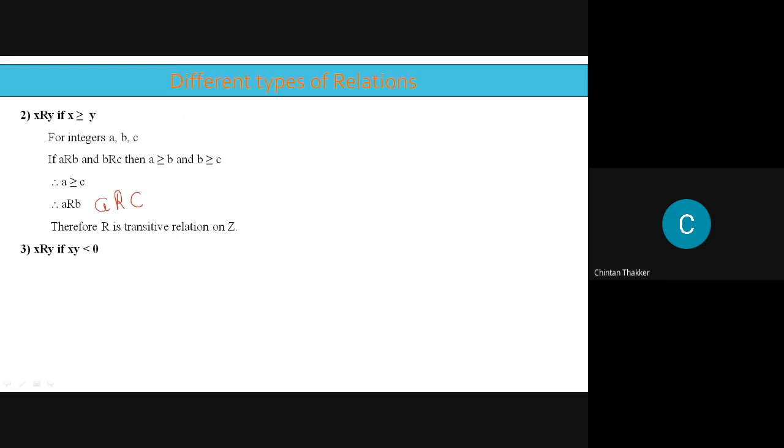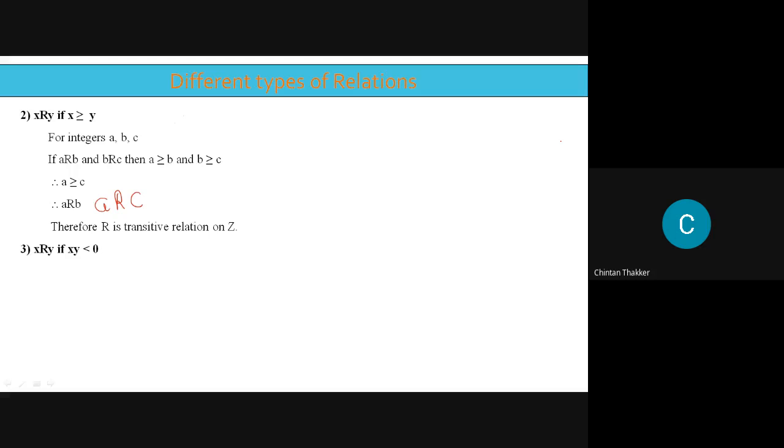How will this be transitive? x into y less than 0. See here, just for knowledge, when x into y is a negative number, it is negative only if both have different signs, meaning one is positive and the second is negative.